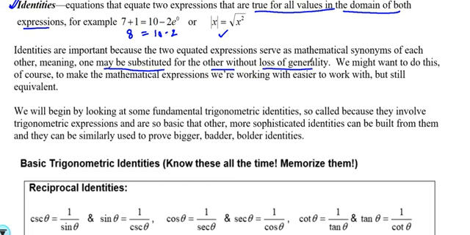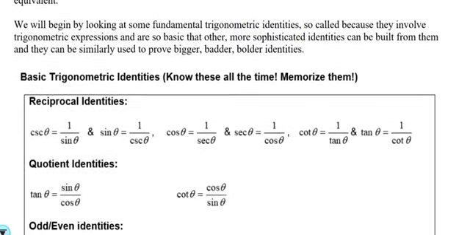So we are going to begin by looking at fundamental trig identities. We call them fundamental because they involve trig expressions and are basic. The other more sophisticated identities can be built using them, which are going to be bigger, better and bolder identities.